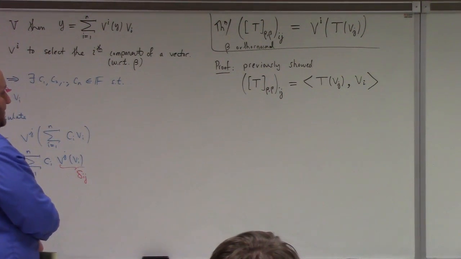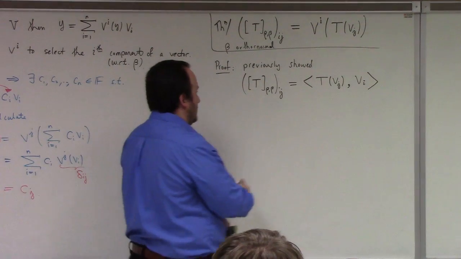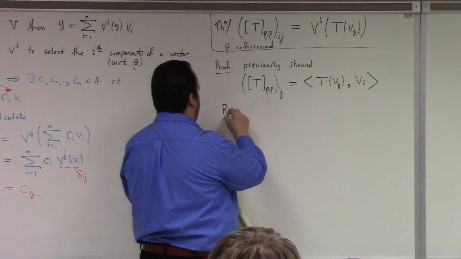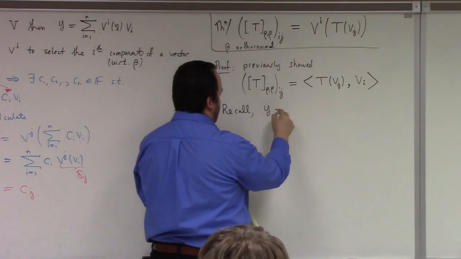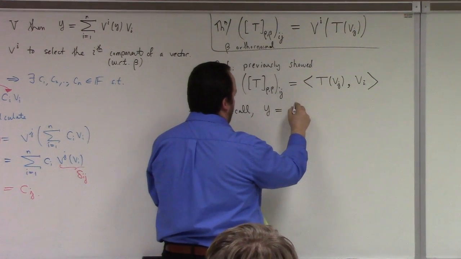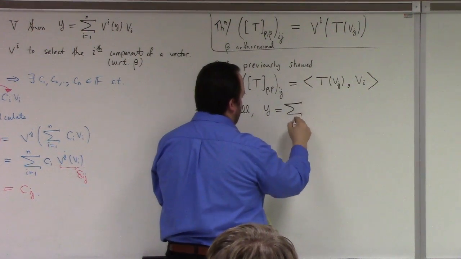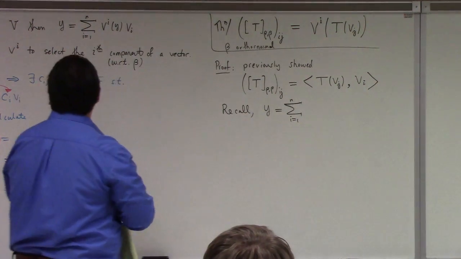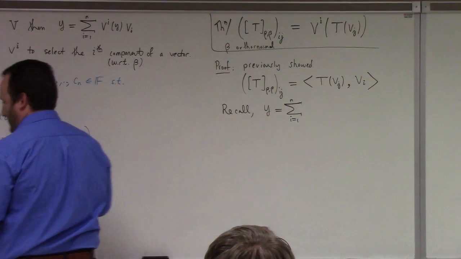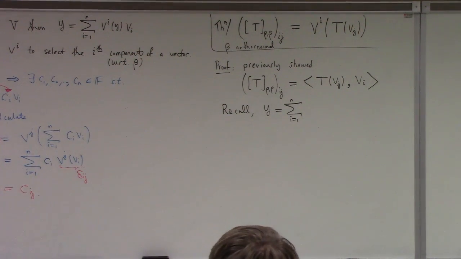Oh, we have another result too, which is what? y is also equal to what? We could also do it in terms of inner products. What was the inner product version of this theorem? I really should have made this point already. I'm sorry, guys.